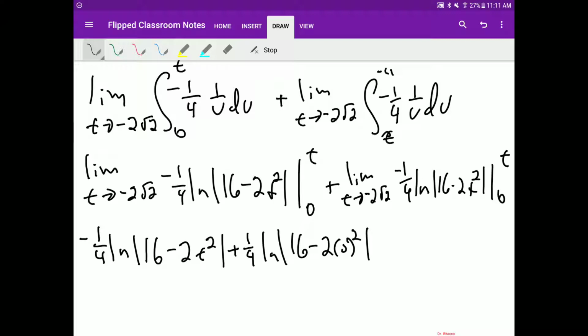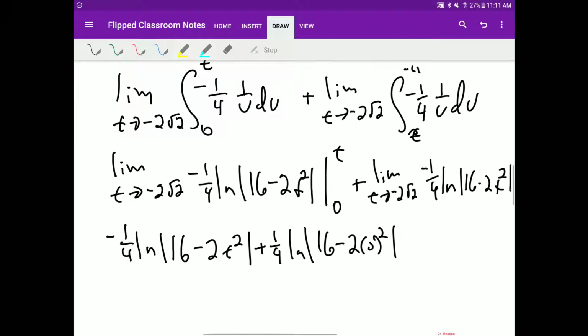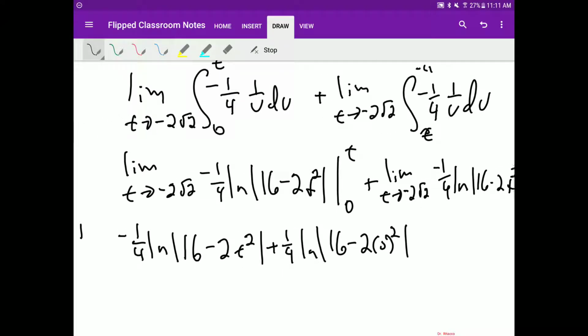We're still taking the limit of this whole bit. Oops, I forgot to write the limit out front. When you're doing these, never forget we're taking the limit as t goes to some value, negative 2 square root 2.